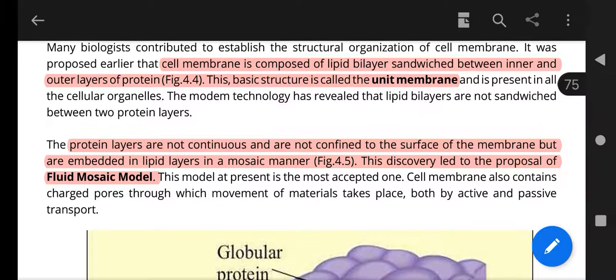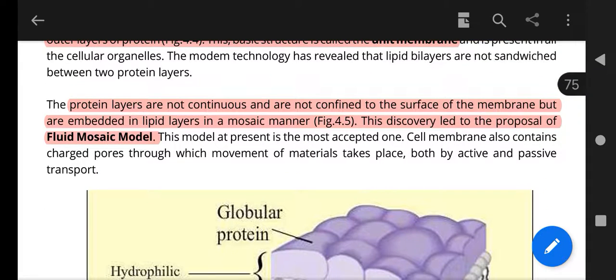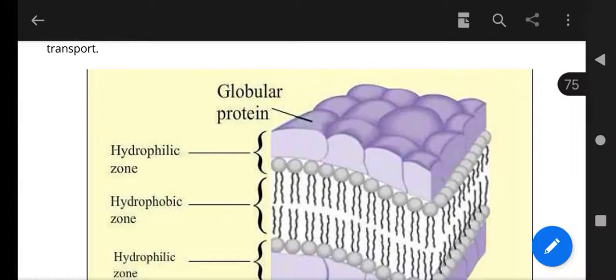The cell membrane also contains charged pores through which the movement of material takes place by active and passive transport, and these pores are called channels or gates for different charged substances, for example ions, especially sodium, potassium, and calcium channels and gates. Here we have the diagram of the unit membrane model.